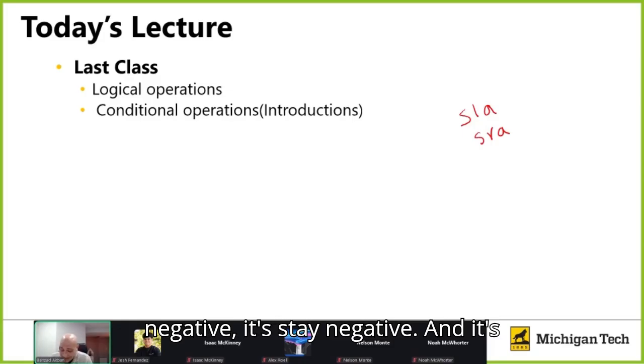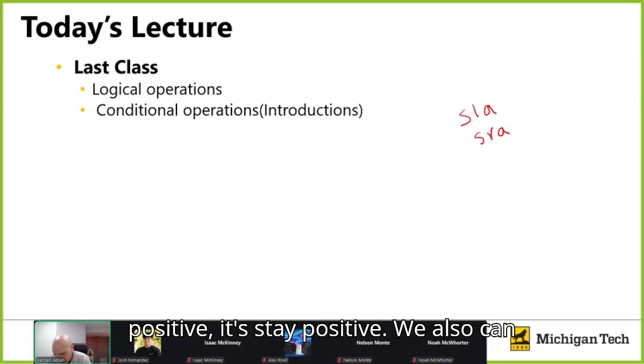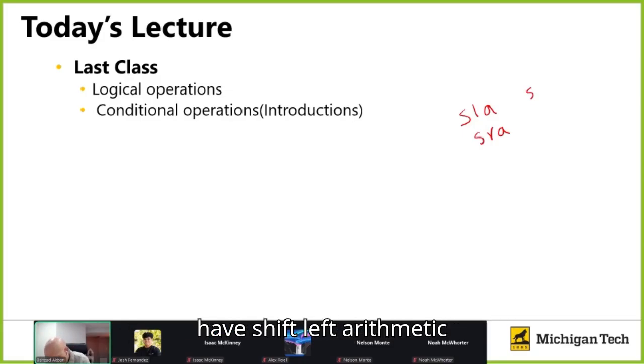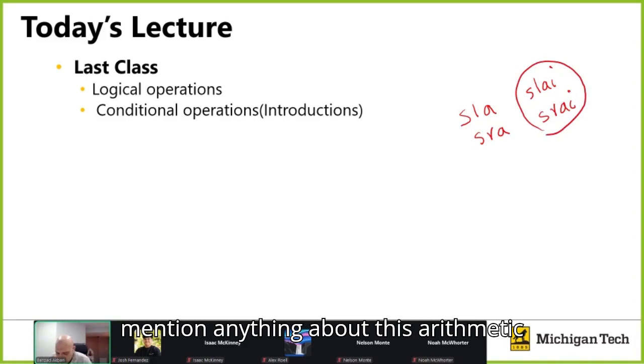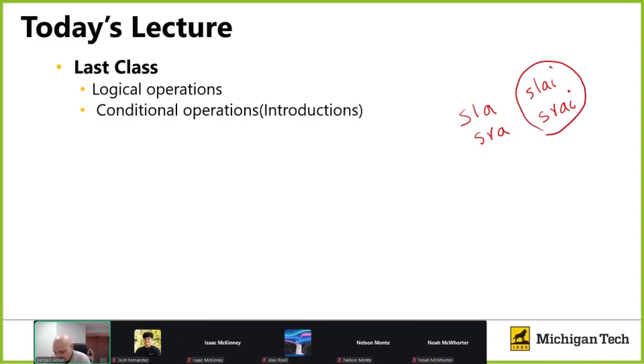If it's negative, it stays negative, and if it's positive, it stays positive. We also can have shift left arithmetic immediate and shift right arithmetic immediate. Let's just have an example, because we didn't mention anything about this arithmetic before starting the new topic.